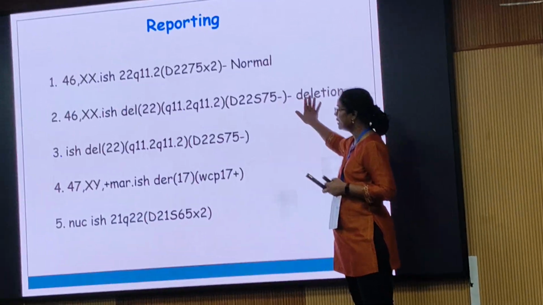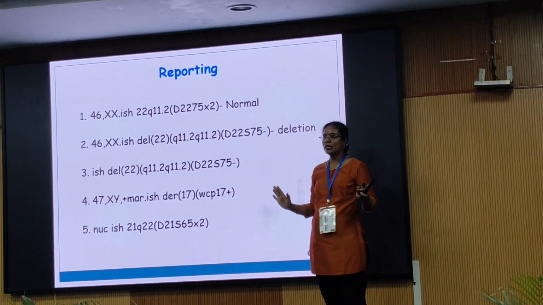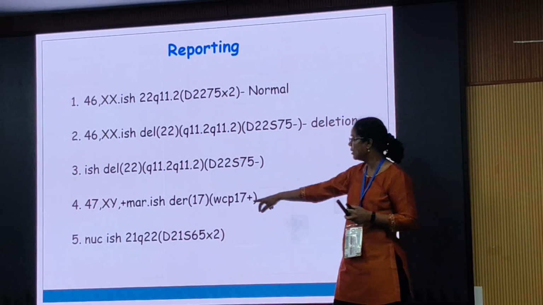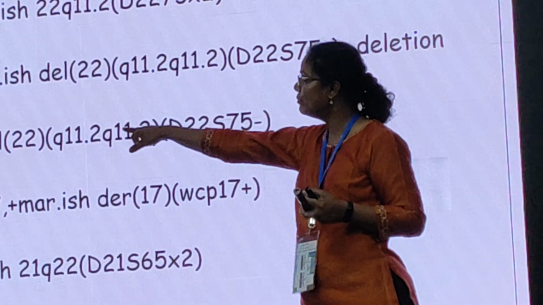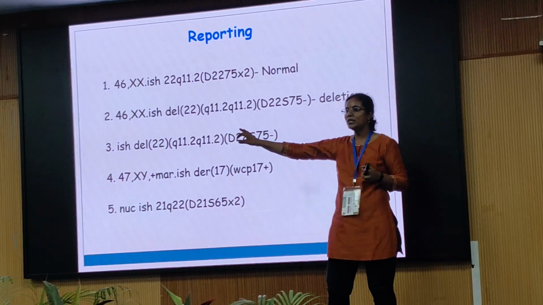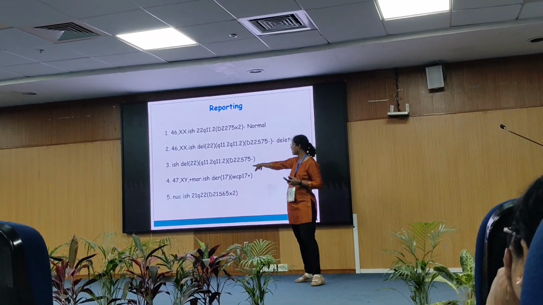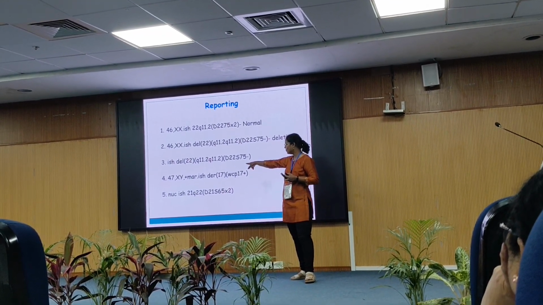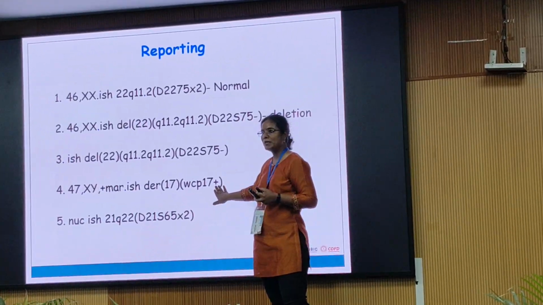So if you are doing only FISH, you are not doing any other test, chromosome anomaly or chromosome cytogenetics, then you can just start off with ISH. That means only that particular FISH is done. And the other thing is, if there is a marker and you are doing a FISH, you can just write WCP 17+. The whole chromosome is X+.